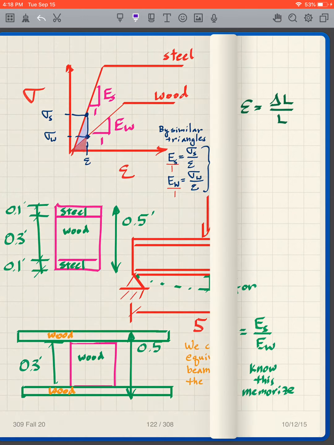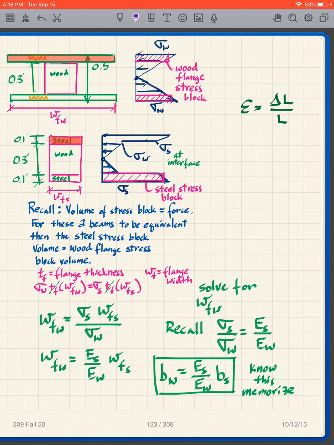Let's just say that we've built our wood beam, and we're going to call the width W sub FW, the width of the flange of the wood. Notice if it's all one material, I know what the stress distribution looks like. It's our basic, all one material, what we've been doing all along. So we get a stress distribution that looks like that.